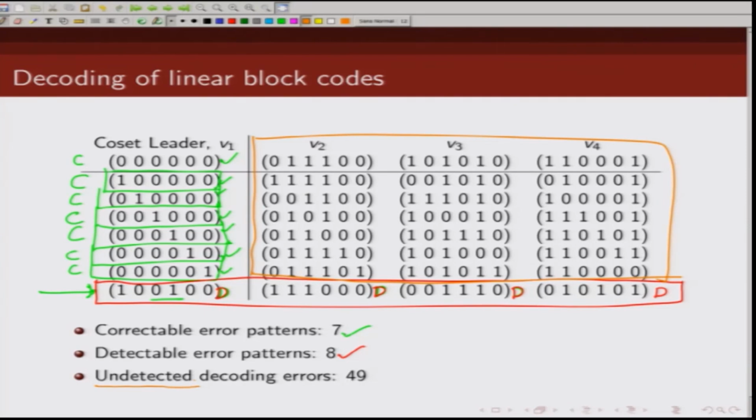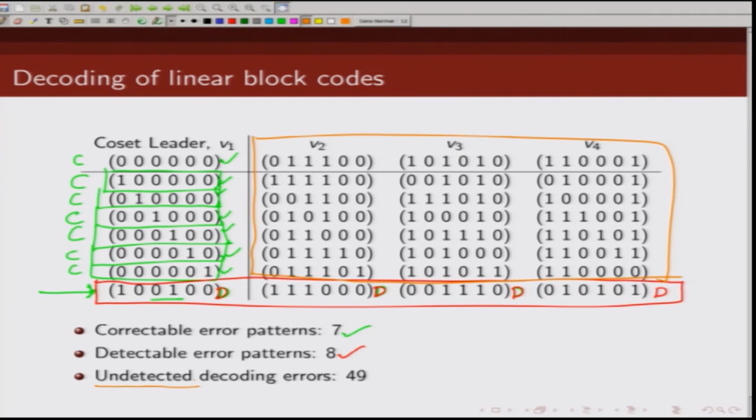So, through this example, essentially I have illustrated how we can use this standard array for error correction and error detection. So, in summary, we would like to make our coset leader the one having minimum Hamming weight, minimum number of ones, and whenever we get an error, our syndrome will be non-zero.